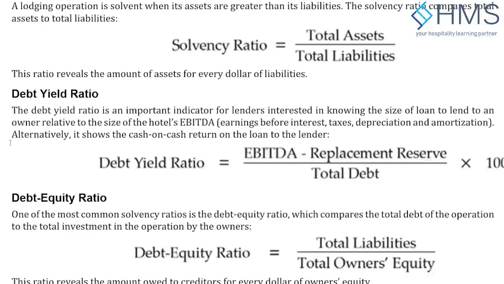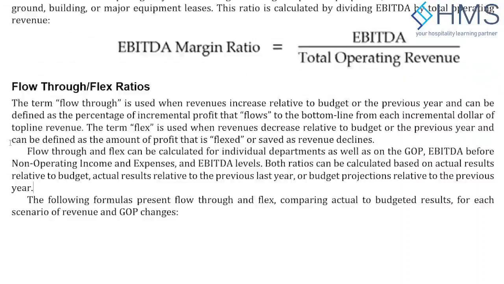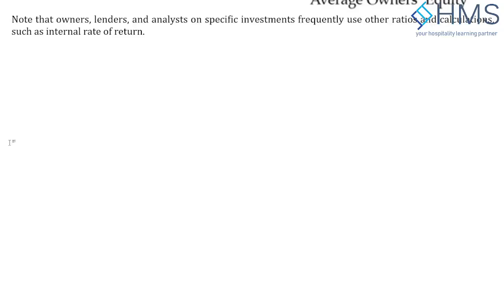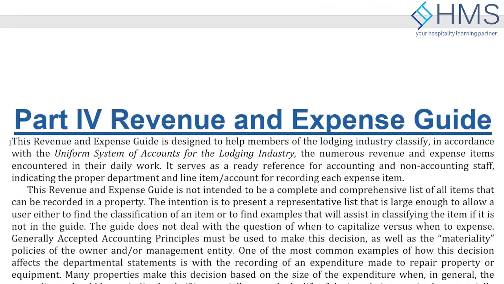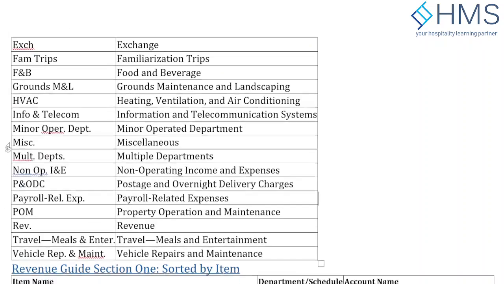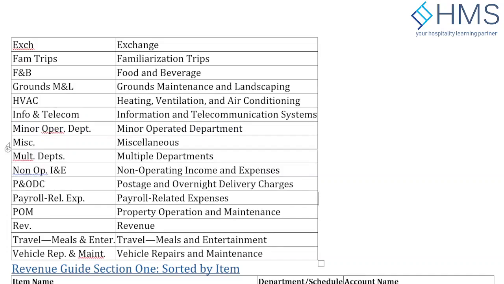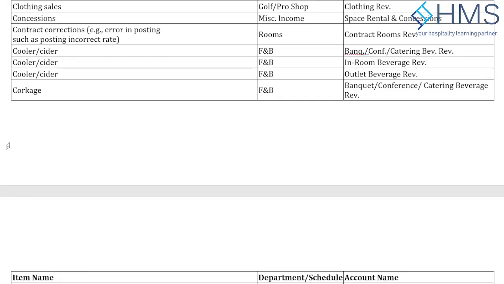Then there are standard ratios, which we are not going to go into the details because they are standard by any accounting standards, not for hotels only. And then you have the revenue and expense guide, which we discussed yesterday, that there are details of what goes into the revenue line, what goes into the expense line by line item, right?